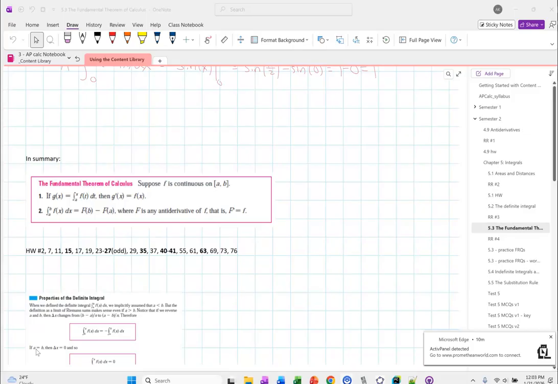We're going to do some AP style free response questions that are centered on the content from 5.3 and might include previous ideas. But the key idea is going to be these fundamental theorem of calculus concepts.